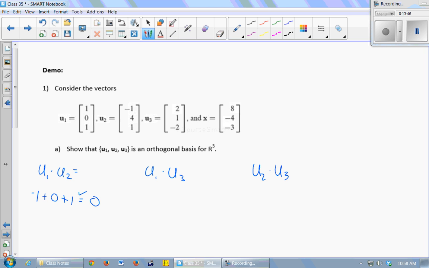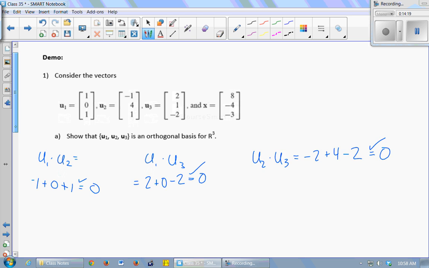And then u1 and u3, when I dot product those, I get 2 plus 0 minus 2, which is 0. So u1 and u3 are orthogonal. And then u2 dotted with u3, I get -2 plus 4 minus 2, which is 0. So u2 and u3 are orthogonal. So I know that that set is an orthogonal set.